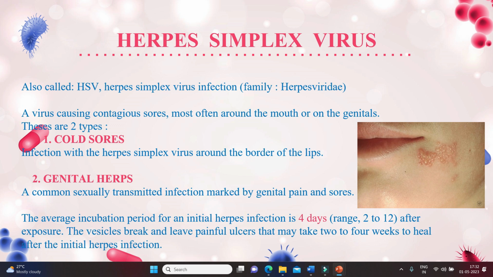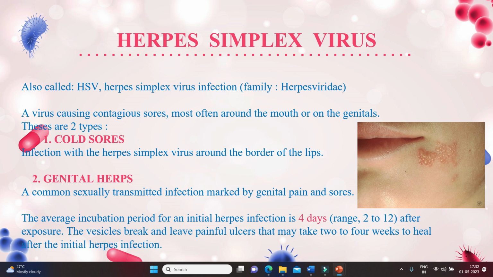Coming to herpes simplex virus, also called HSV, herpes simplex virus infection. It belongs to the family Herpesviridae, a virus causing contagious sores most often around the mouth or on the genitals. These are the two types of HSV: one is cold sores, infection with herpes simplex virus around the border of the lips, and genital herpes, a common sexually transmitted infection marked by genital pain or sores.